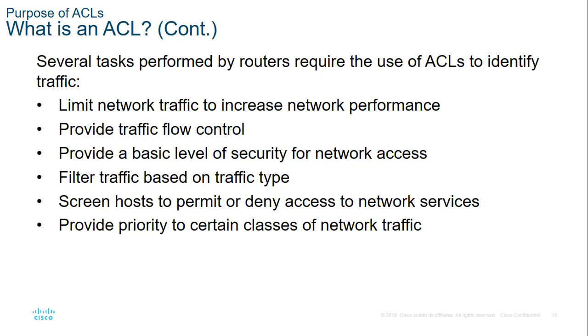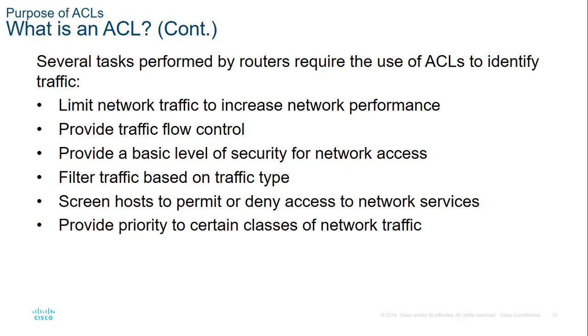We can also screen hosts to permit or deny access to network services. For example, a corporate policy requires that access to some file services like FTP be limited to specific user groups. We could then create a policy and implement it using ACLs to filter user access to services, or maybe provide priority to certain classes of network traffic.